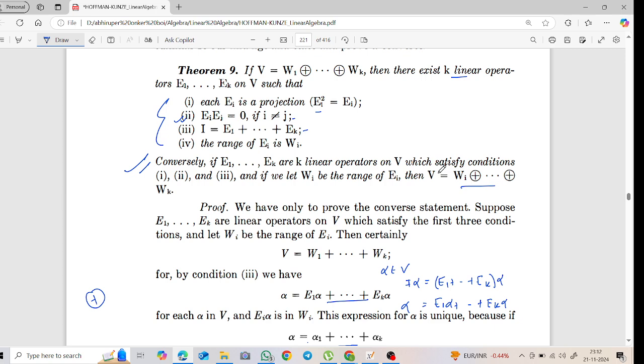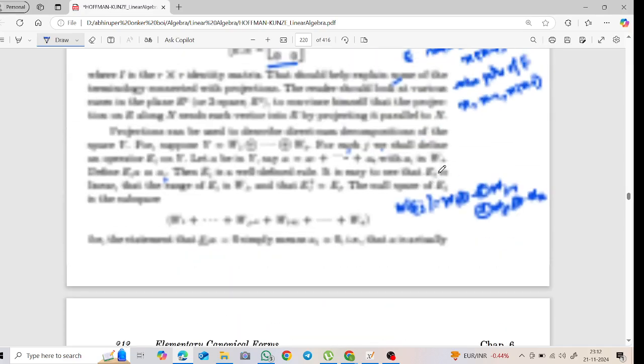Okay, so what is the obvious way to define an Ei? So let's see if there are any more criteria.